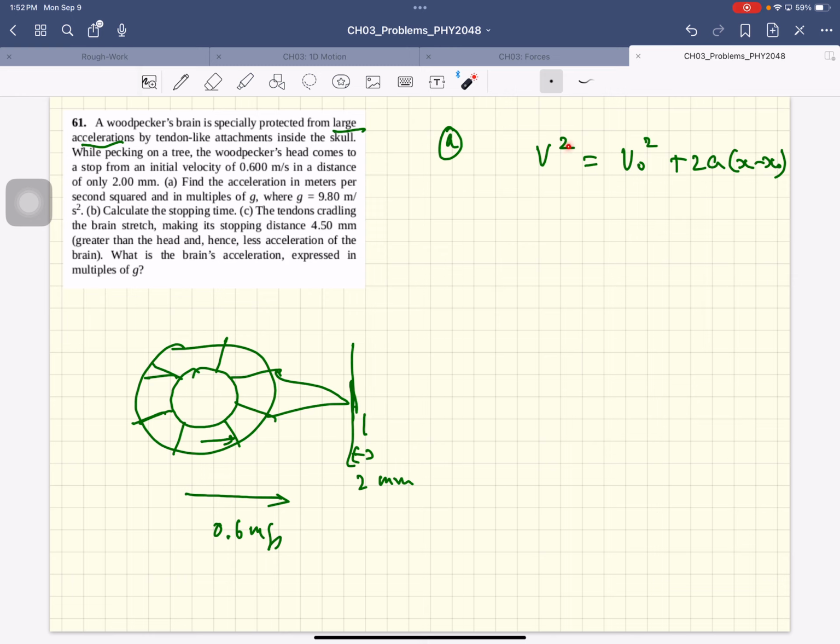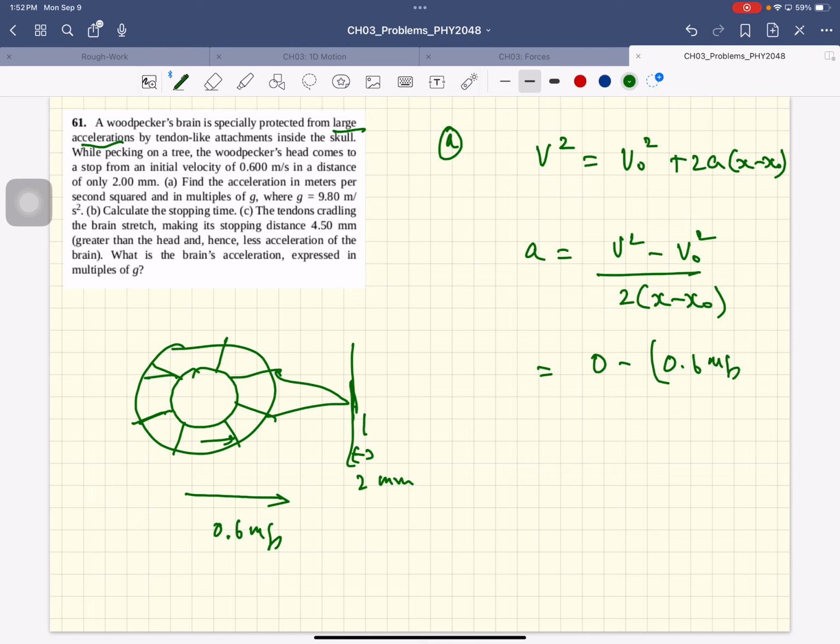The final velocity is 0. And so we'll find the acceleration. The acceleration is v squared minus v naught squared divided by 2 times x minus x naught. That's 0 minus 0.6 squared, divided by 2 times 2 millimeters, and a millimeter is a thousandth of a meter.